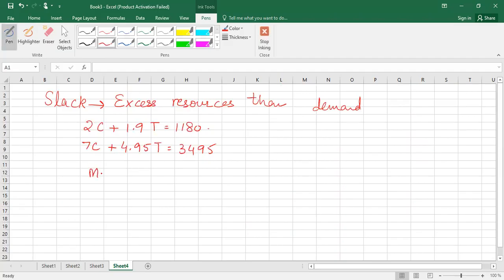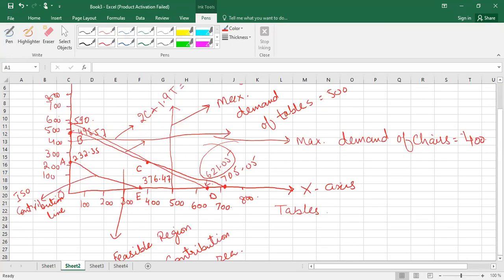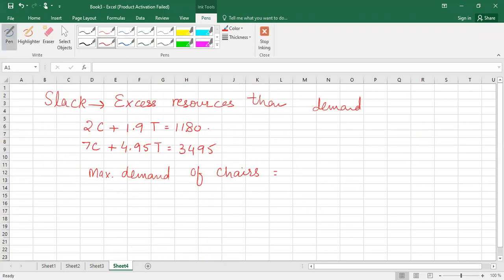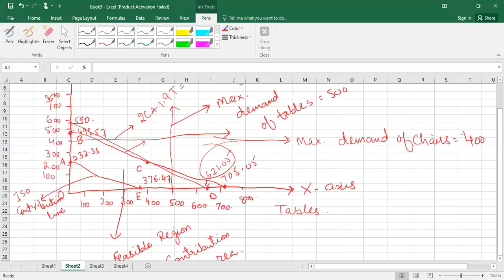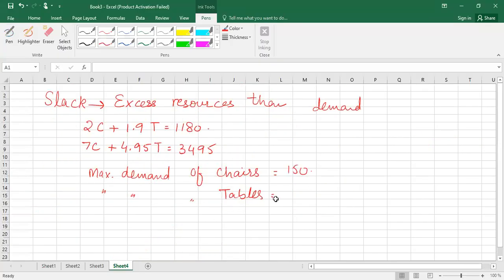Here we say that the maximum demand of chairs is, suppose, 150, and the maximum demand of tables is, suppose, 400.